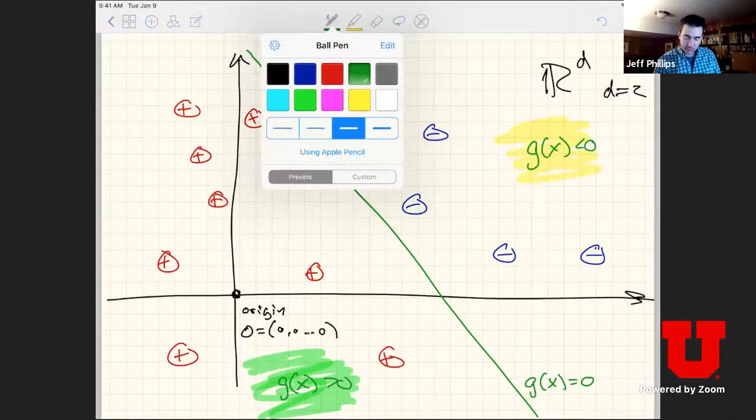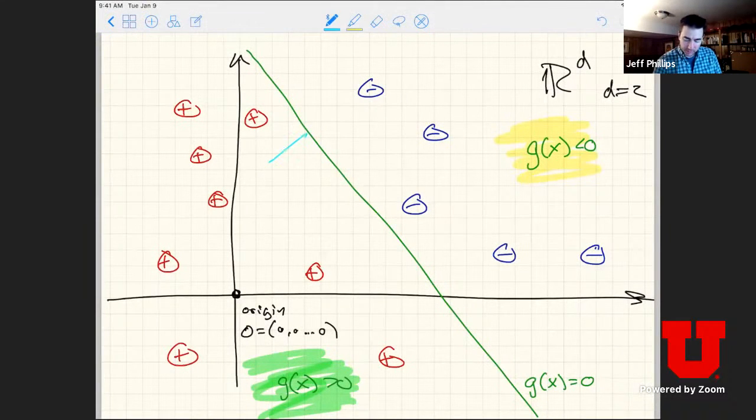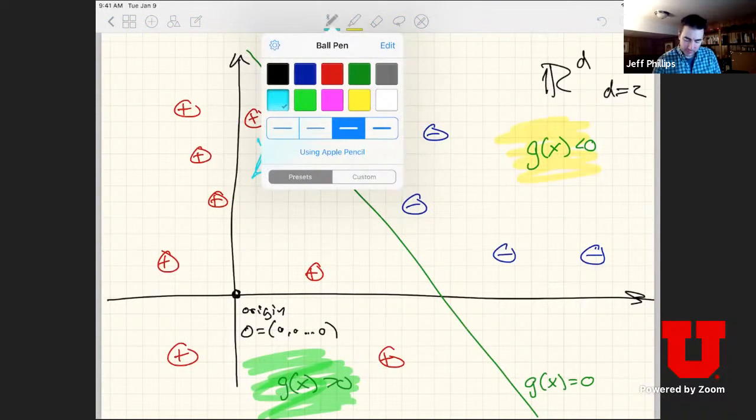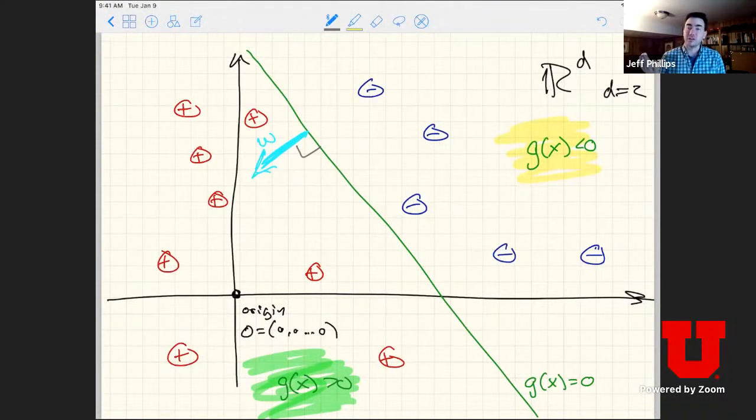Well, we're going to define some normal vector. This will be w, the normal vector. So it's normal, that means that it's perpendicular to this line. It's a vector in R^d, and it's a unit vector. Technically, it's a vector from the origin, but you could think of drawing it on this point.